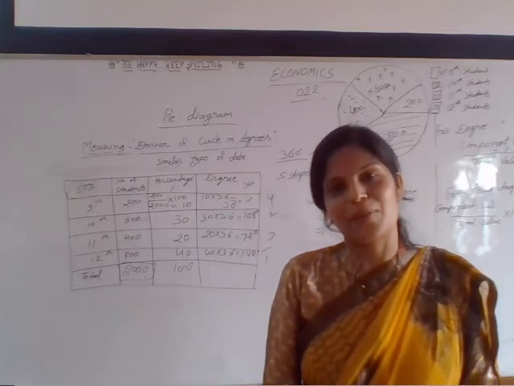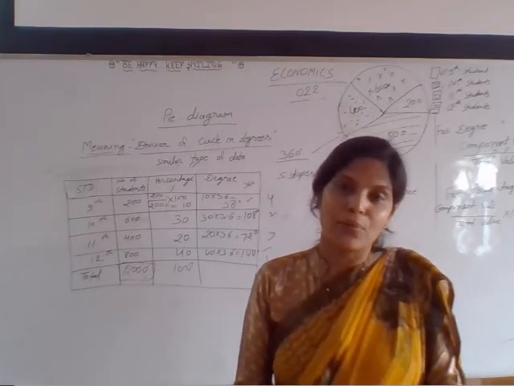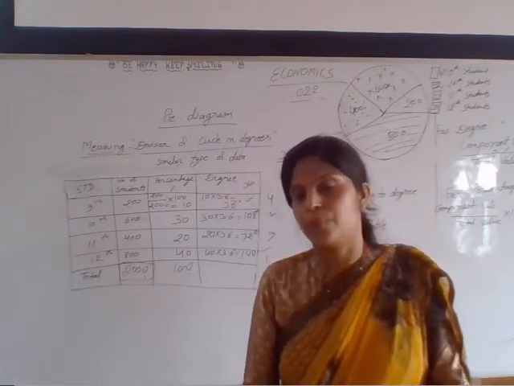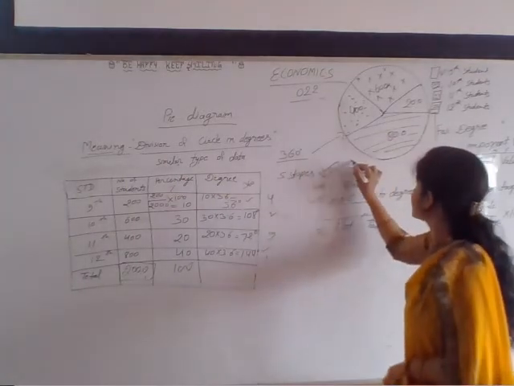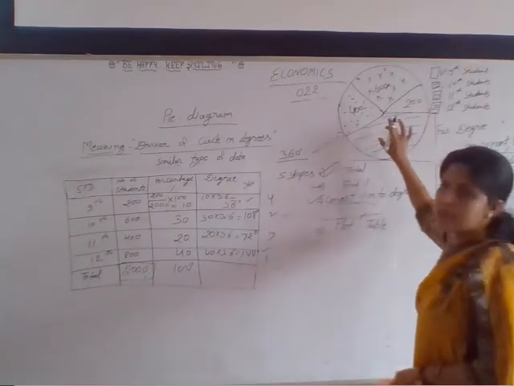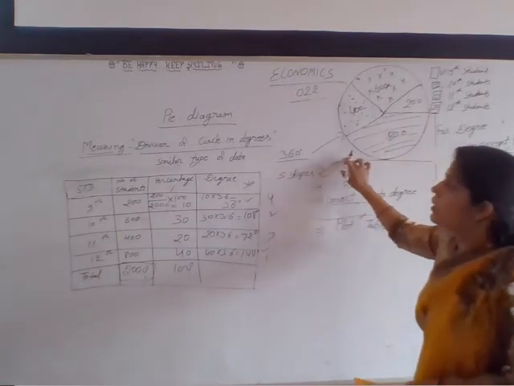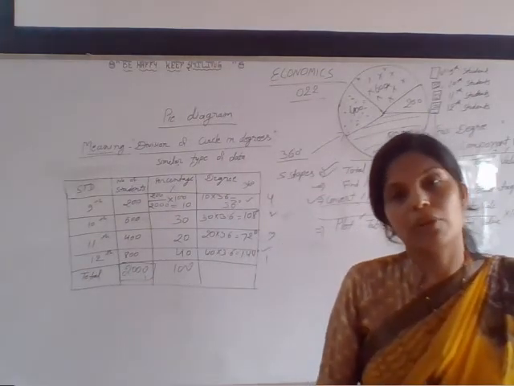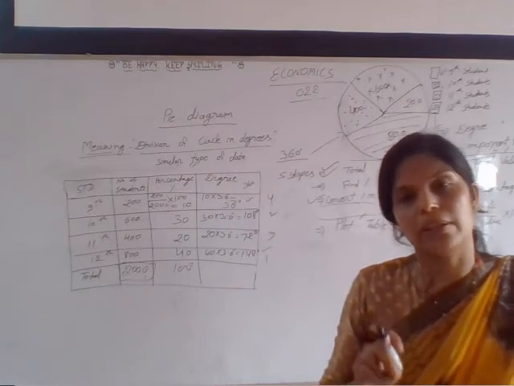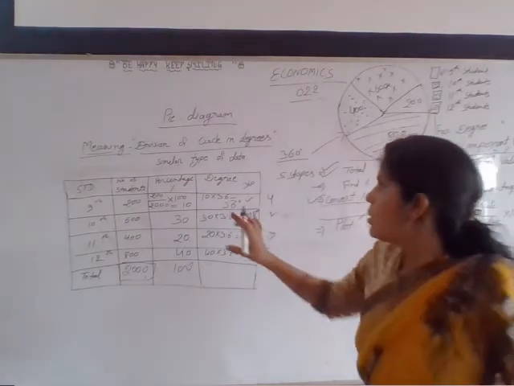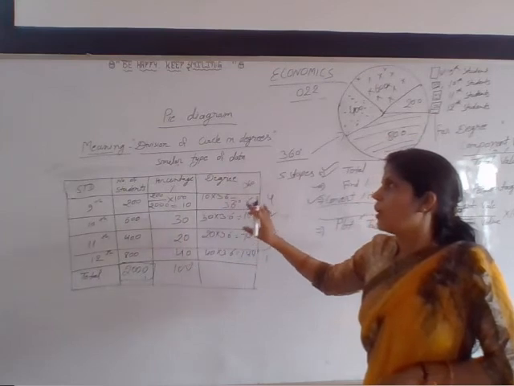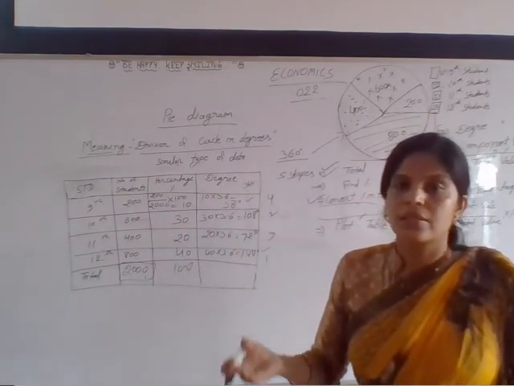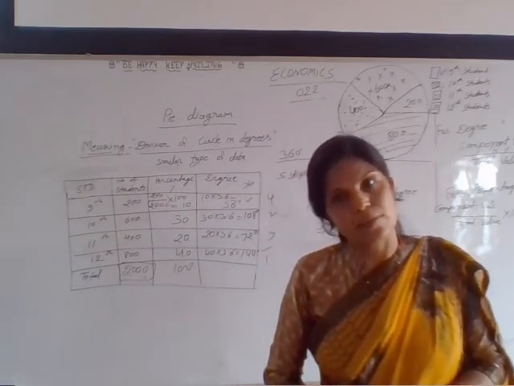Still one work is remaining. What? For what purpose we have drawn this diagram? For what type of information we drew this diagram? We have to write here, bottom of this pie diagram. What we have to write? You know that according to our question, whatever question is in the question paper or in the textbook, according to that we have to write. We have drawn this diagram for the number of students in various standards of the Samiti schools.